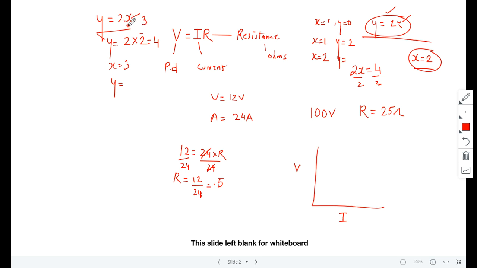Okay, just you tell me, where is the doubt? If you have to plot a graph, where are you facing a problem, so that I can clear it up?